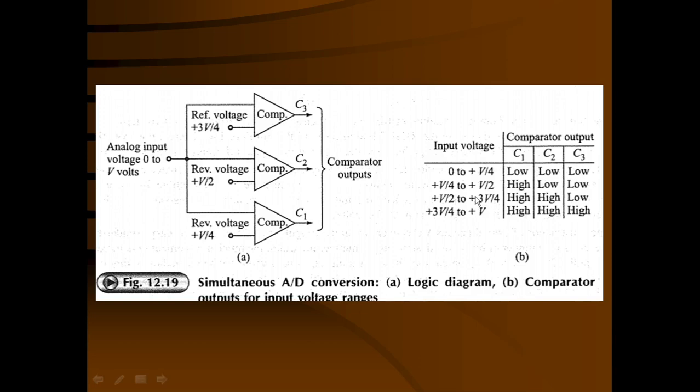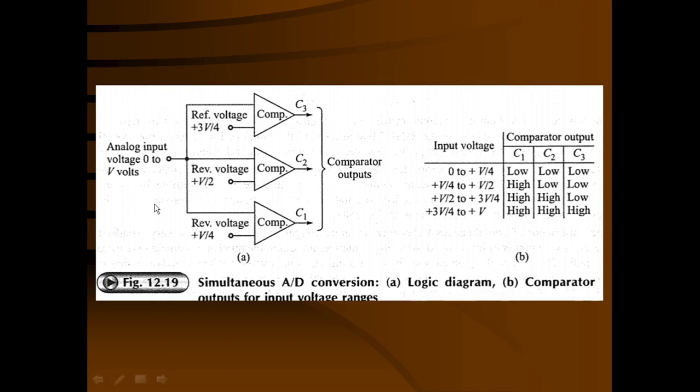If it is in the second range, +V/4 to +V/2, then C1 is going to be high, C2 is going to be low, C3 is going to be low. If it is in the third range, +V/2 to +3V/4, then C1 and C2 are going to be high, but C3 is going to be low. But if it is in the last range, +3V/4 to +V, then all the comparator outputs C1, C2 and C3 are going to be high.